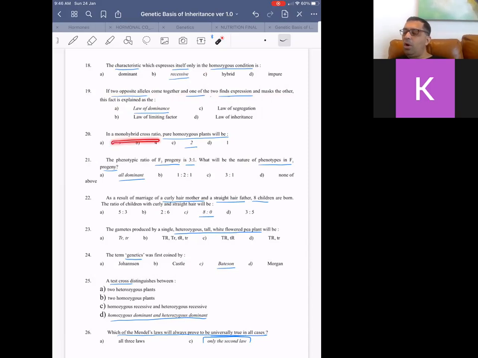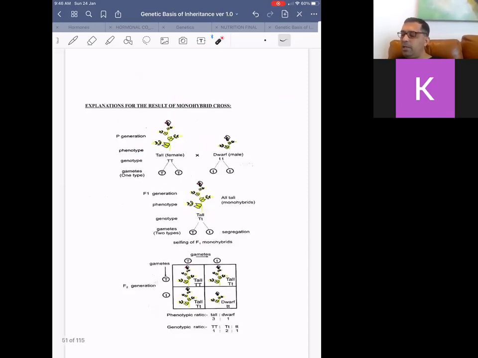In a monohybrid cross, which will be the pure homozygous plants? Pure homozygous are capital T capital T and small t small t. And hybrid or heterozygous will be capital T small t, and capital T small t.